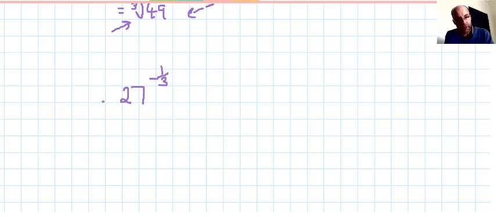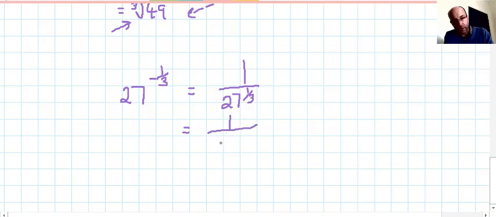Final example, what if we have to write this as a surd, 27 to the negative 1/3, so we have a mixture of negative and rational index. So you could write that as 1 over 27 to the 1/3. So I'm applying the negative index rule first, and then that's 1 over 27 to the power 1 taken at the cube root, or just cube root of 27.